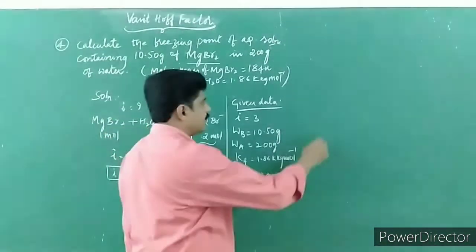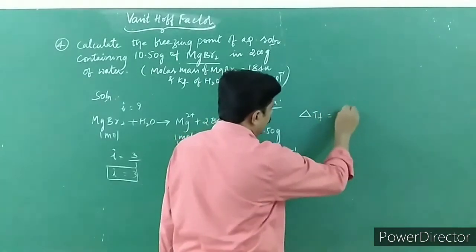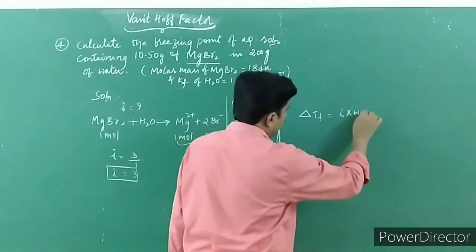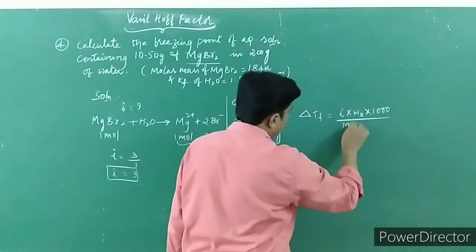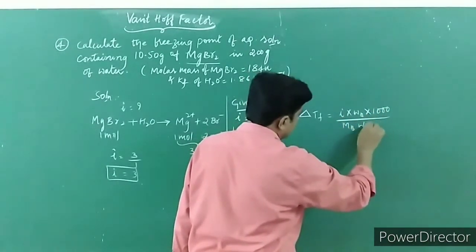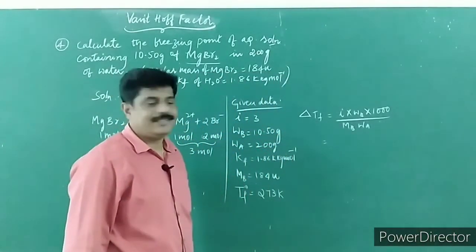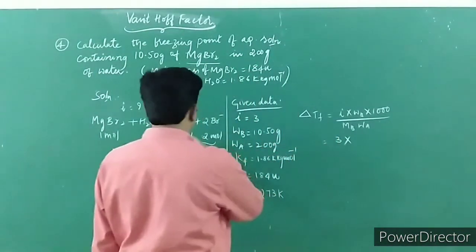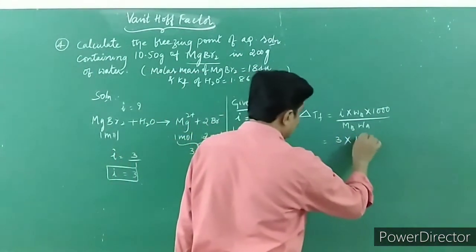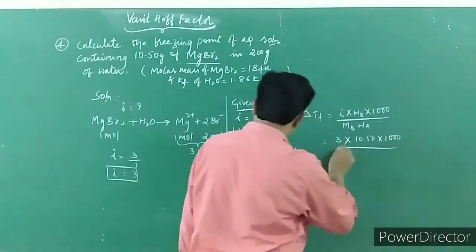Now, you know the expression. What is that? Delta Tf is equal to i into Wb into 1000 upon Mb into Wa. Is it not? Hope you are getting that, right? Now i is equal to how much here? 3. Wb is how much here? Wb is equal to 10.50 grams into 1000 upon Mb is how much here?